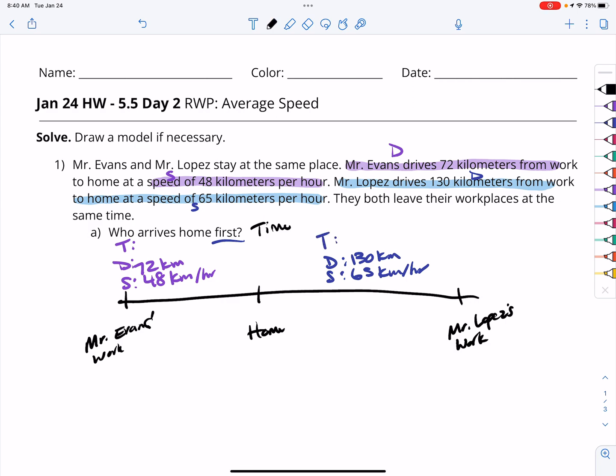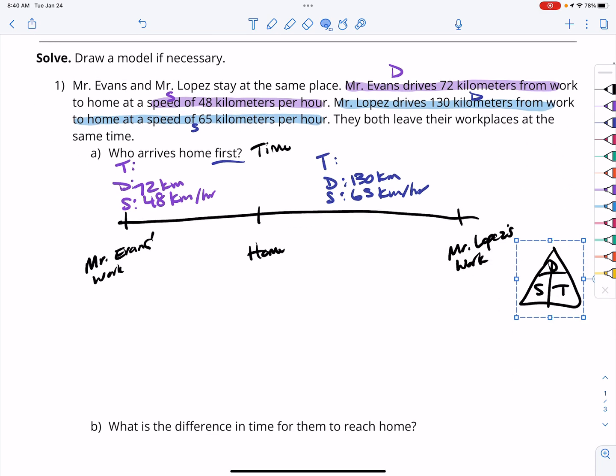So we know from class and from all of our discussions that if we make our little pyramid here, our triangle of average speed, we have distance, speed, and time. And this can be really helpful because it gives us a visual reminder that speed is distance over time. You can see that because the blue highlighted line there is like the line in a fraction.